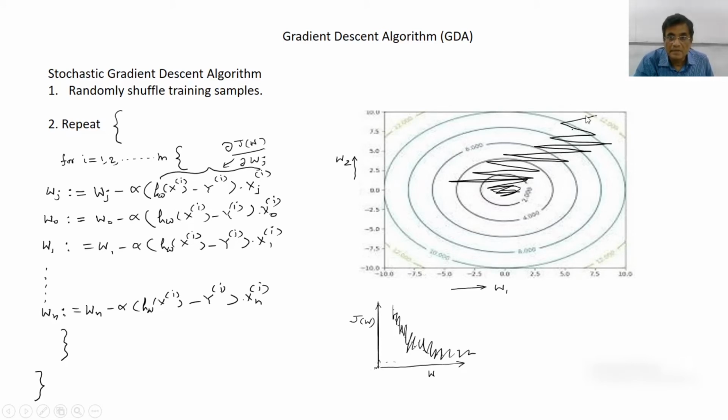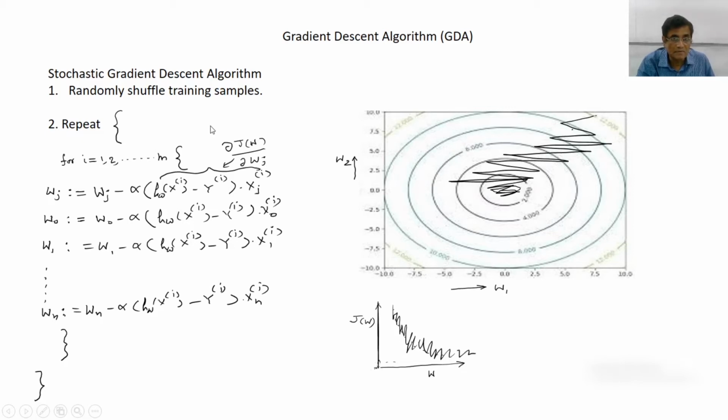Okay, the learning oscillates. That's the problem, and it will never converge with the precision with which batch gradient descent converged, because of the very nature of the updation. But the advantage is that it is very fast.